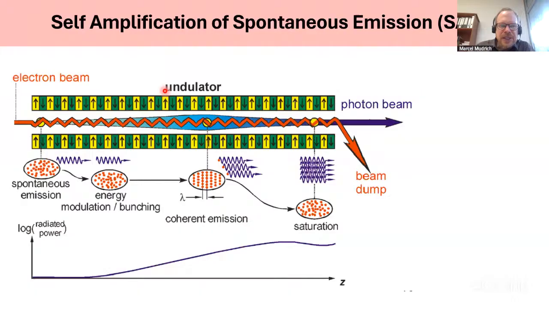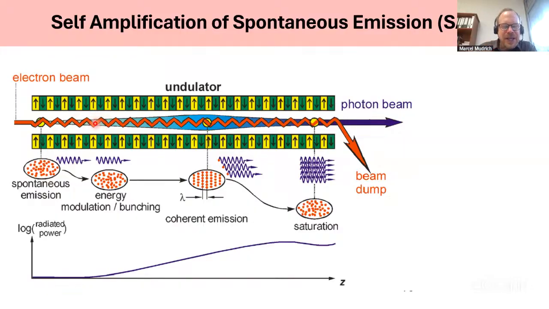And that is called amplified spontaneous emission or superradiance. And that can actually happen also in an undulator, provided the undulator is long enough that we give the undulator radiation that is initially emitted completely spontaneously enough interaction length and enough chance to then interact with the electron bunch and induce the microbunching.